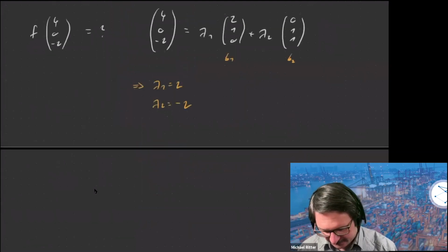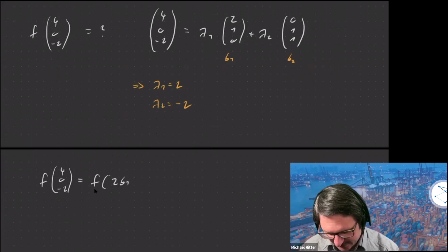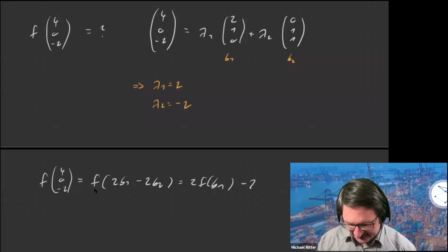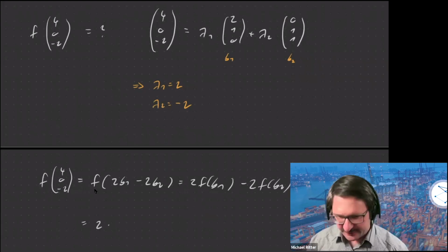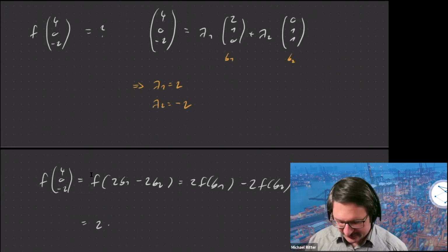So again, I can compute the image of that vector by using linearity. That's 2b1 minus 2b2. So that's the same as 2f of b1 minus 2f of b2. And I do know those images already. By definition, the first image is (1, 2, 0).